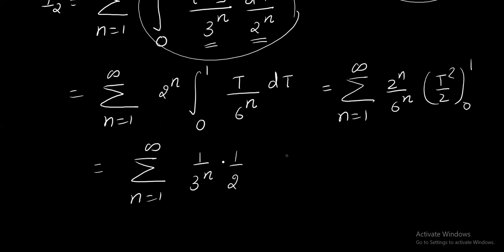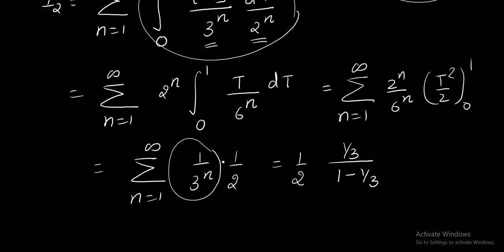This is what we are getting. 1 by 2 can be thrown outside the sigma sign, and the sum of this infinite GP can now be evaluated as a upon 1 minus r. What we are getting here is 1 by 2 and one more 1 by 2, right? So it will become 1 by 4. This is the value of I2.